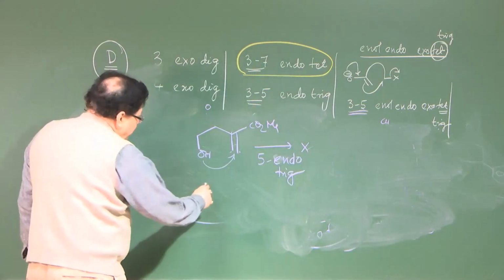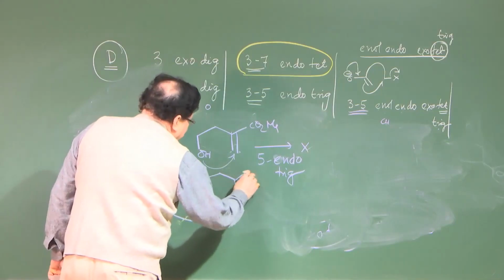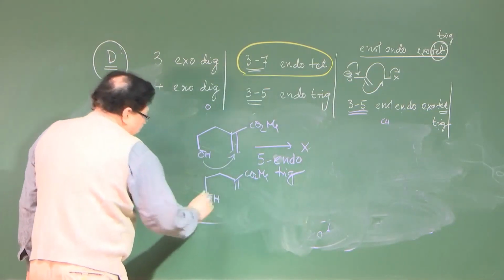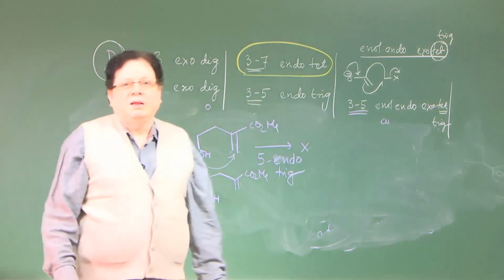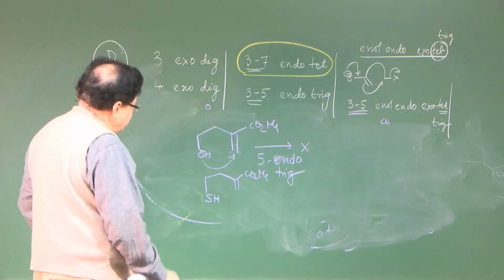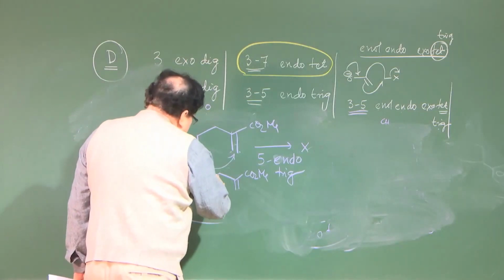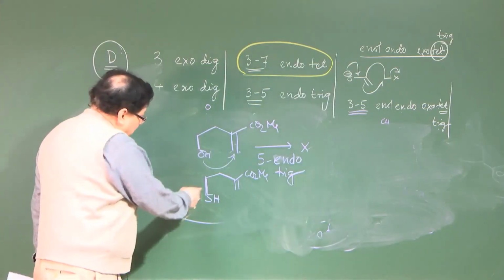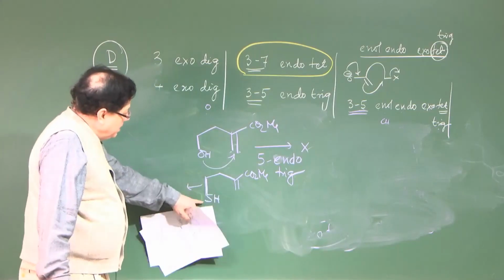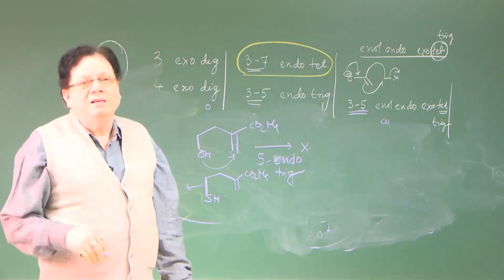Okay. On the other hand, if instead of oxygen you have sulfur here, the thiol, then this reaction takes place, okay. Because as you go to the third row of elements, the bond length increases.